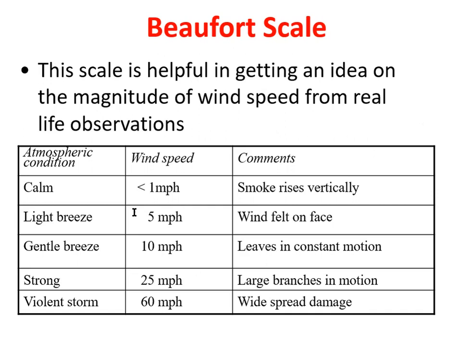Generally, if it is less than 1 mile per hour, then we can say that it is a calm atmosphere. If it is around 60 miles per hour, we can say that a violent storm is there, right? So this is called the Beaufort scale based on the wind speed, and these are the atmospheric conditions according to this wind speed.